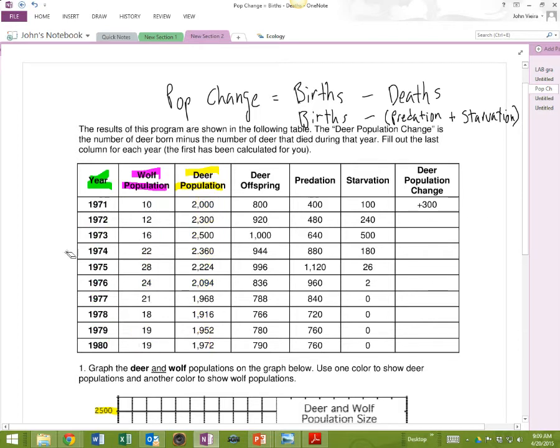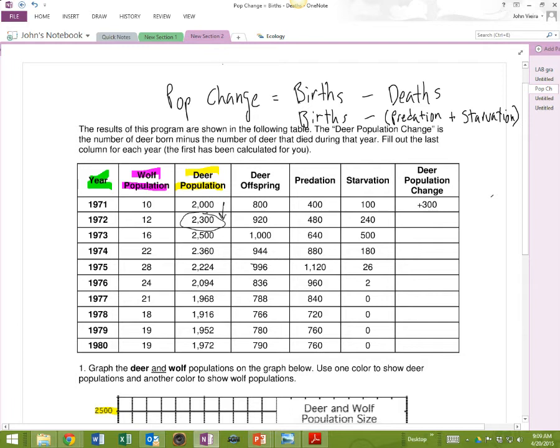Okay, so we have a population starting in year, they already did the first one for you, right? They had a plus 300 change, and so that brought us from 2,000 to 2,300. And so 920 were born, right?